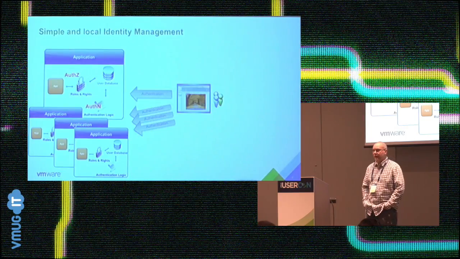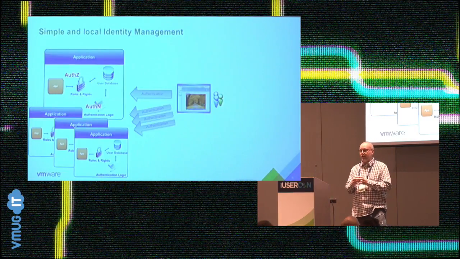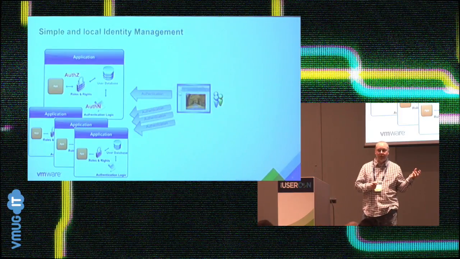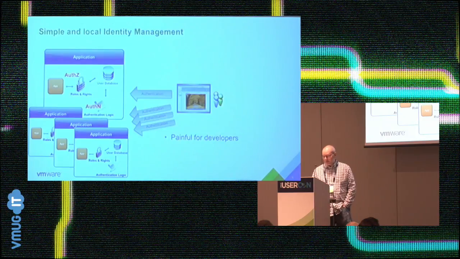And especially as a developer, if I have created a logic for users to type in username and password, I'm now responsible for making sure that that logic is secure, so no one can circumvent that. I need to store my user data in a secured fashion. So quite a bit of code that I need to create that is actually outside of my main interest. So this is very painful for the developer.